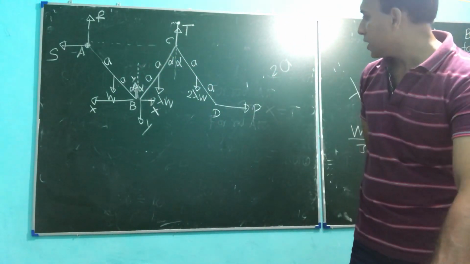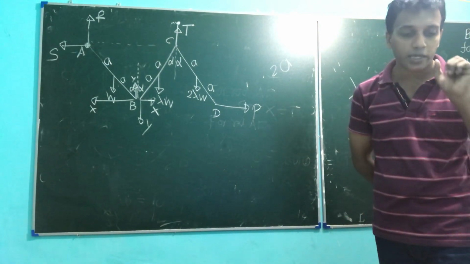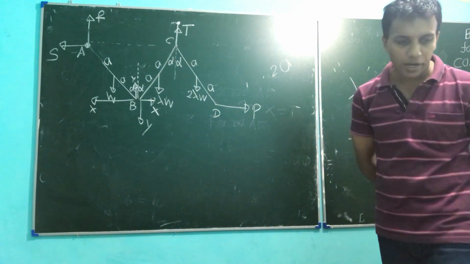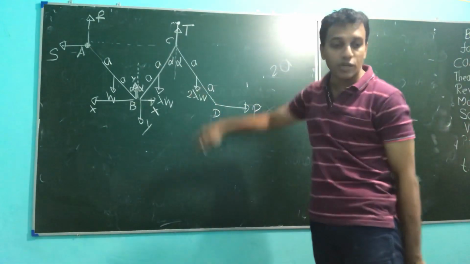Now they ask, according to this data, show lambda equal 1/3. Here we have T also, vertical T also available, right?